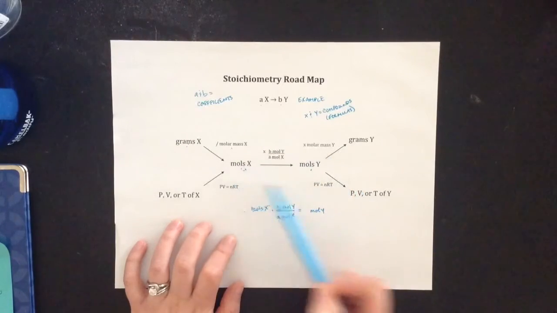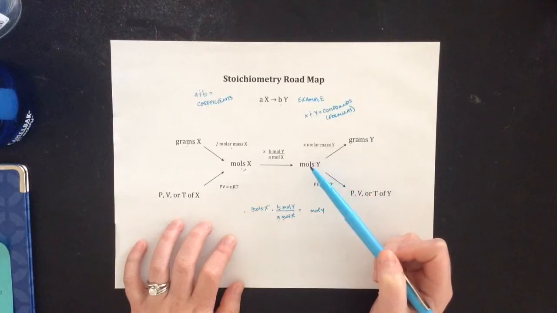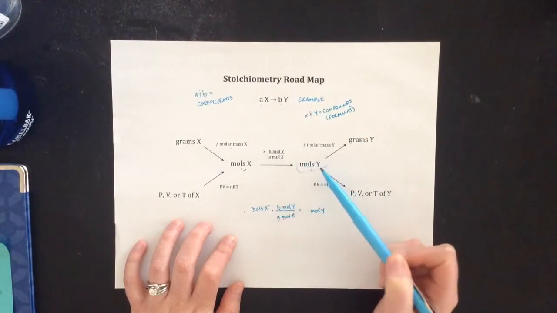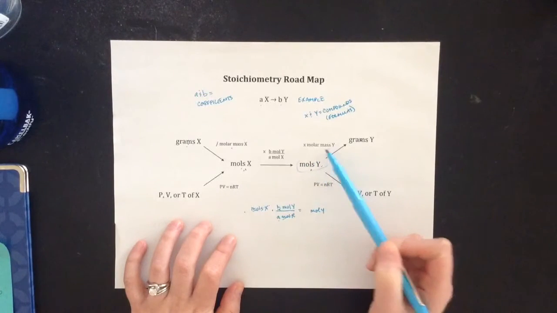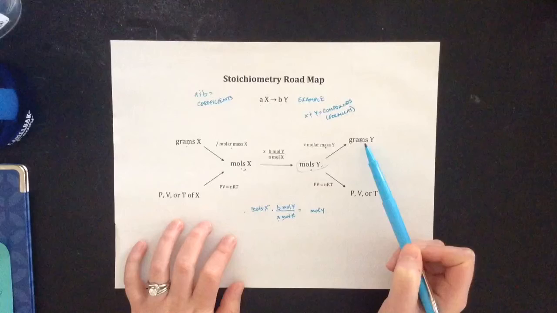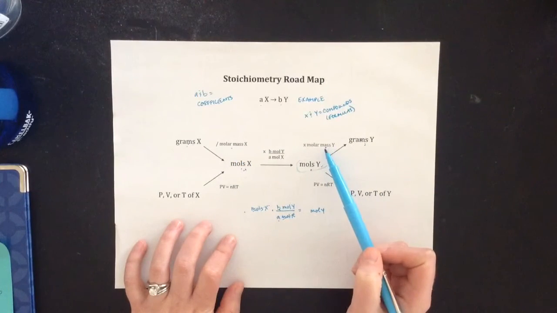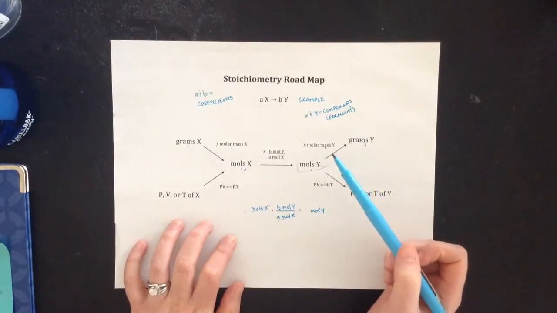And then you're going to do this part in the middle, so what we just talked about. And then to get back from moles to grams at the end, so now you're focusing on Y, so you're looking with a different compound. You're going to multiply your moles of Y times your molar mass of Y, and that will get you your grams. So you need the molar mass, and remember that comes from the periodic table, so you're going to add up all the components based on the formula.